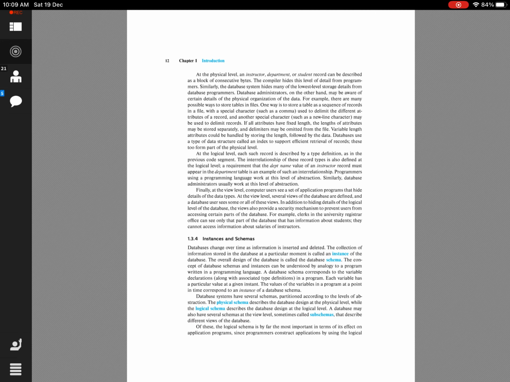With a schema, you are able to design a database. So if you want to design the structure of a database, you can define it in a schema file or a schema content. The concept of database schemas and instances can be understood by analogy to a program written in a programming language.